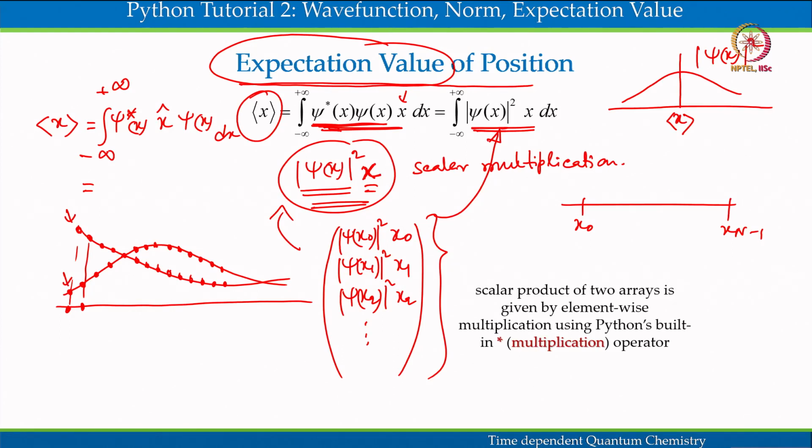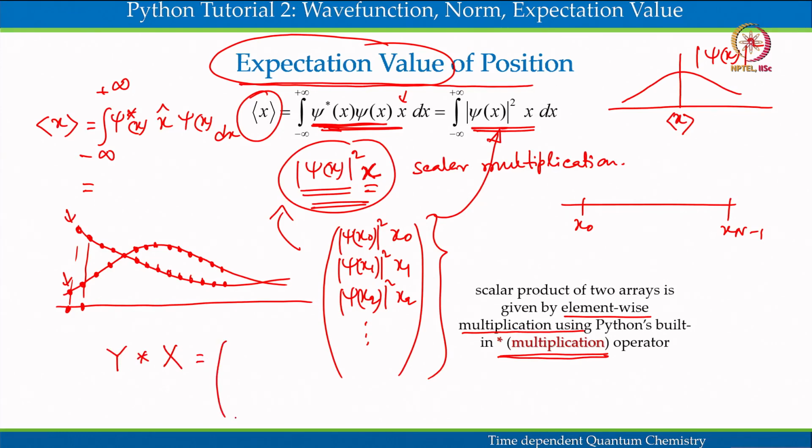The question is, in Python programming, the scalar product of two arrays is given by element-wise multiplication, and element-wise multiplication can be done by just the multiplication operator, which is available in Python's built-in library. If I have a Y array and an X array, and I multiply them, what will happen?